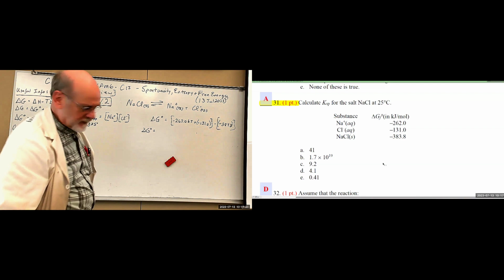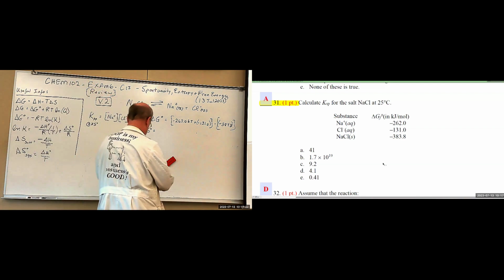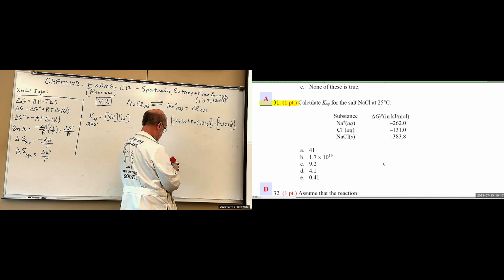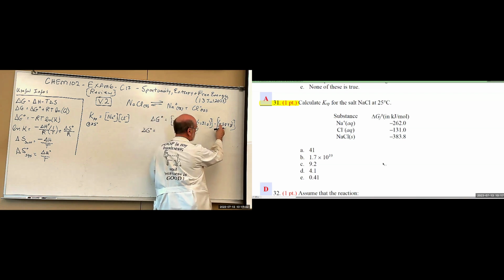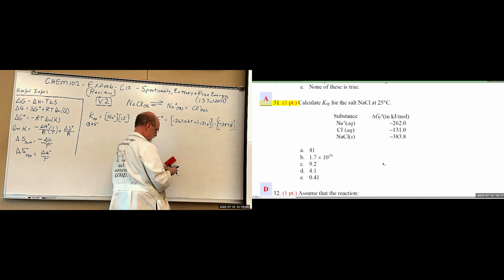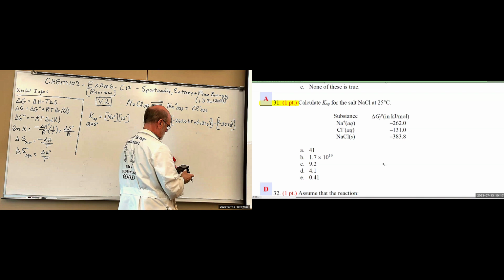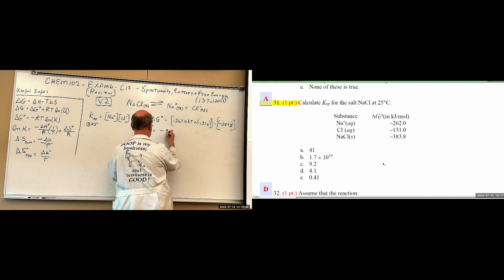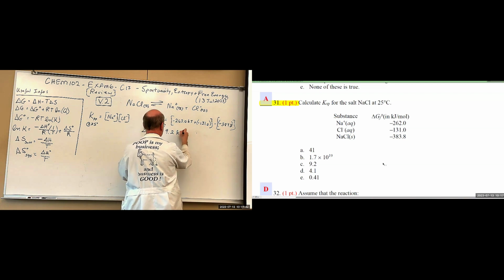Just need my calculator. All right, 262, change the sign, and then a minus 131. And then this is a minus times a minus, so that's add 383.8. And this is minus 9.2 kilojoules.